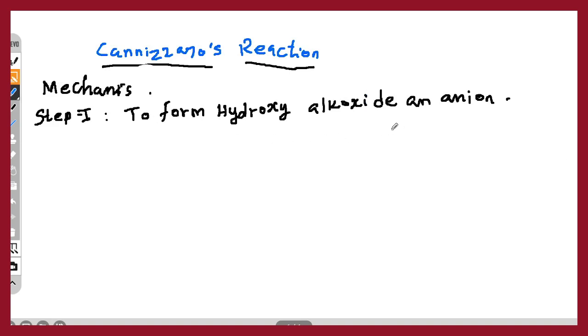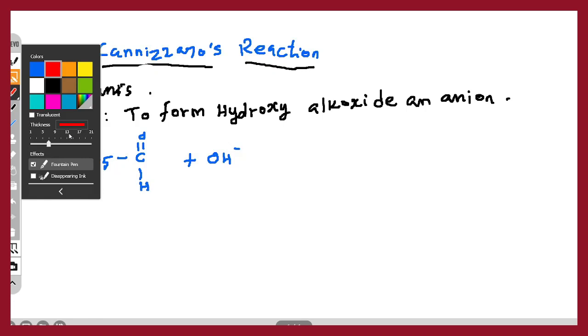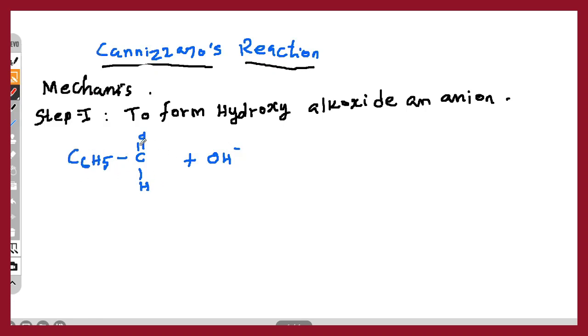Now the mechanism: the first step forms a hydroxy alkoxide anion. See, this is a benzaldehyde. This is a carbonyl group. You know that a dipole moment is there. Oxygen is more electronegative, so oxygen pulls the electron from the carbon.